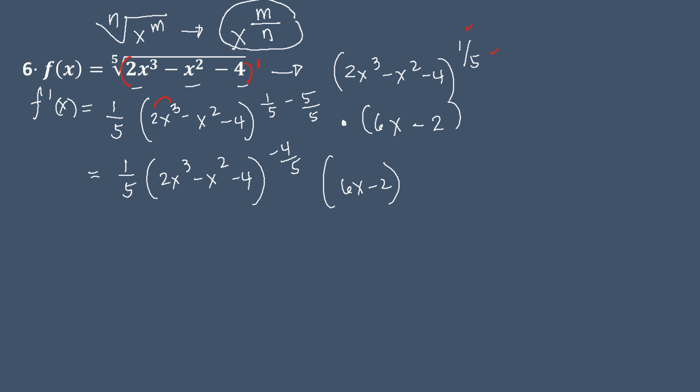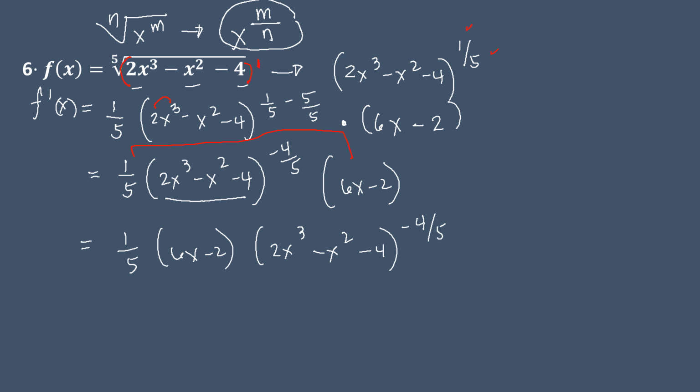Now, since this has a power of negative 4/5, we can only multiply the 1/5 and the 6x minus 2. So this can be written in this way: 1/5 times 6x minus 2 times 2x cubed minus x squared minus 4 to the power of negative 4/5.